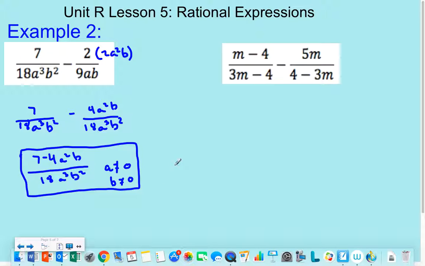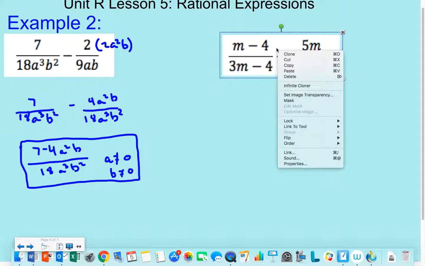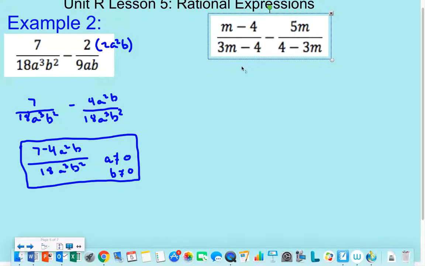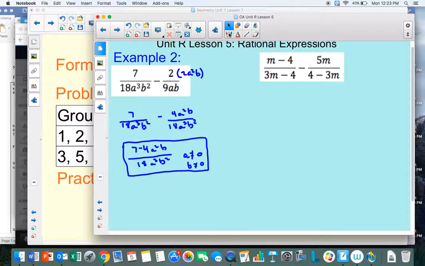All right. So this one, here's how we're going to start. Let's move this up, give ourselves a little bit of room to work with. Get my pen back here, sorry.